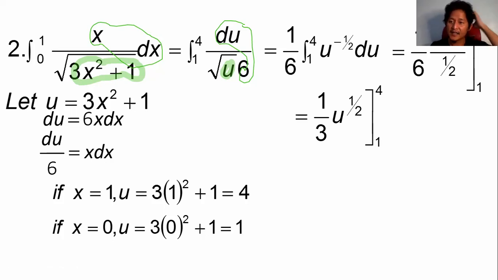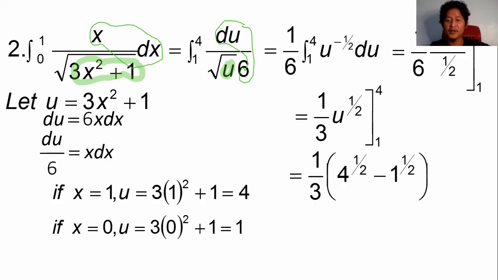Okay? And then, saka natin substitute yung 4. So, when u is 4, and then when u is 1. Okay? And then, 4 raised to 1/2, parang square root of 4 lang yan. What's square root of 4? That will be 2. And the square root of 1 is 1, so 2 minus 1 will be 1. Kaya magiging 1/3 pa rin.